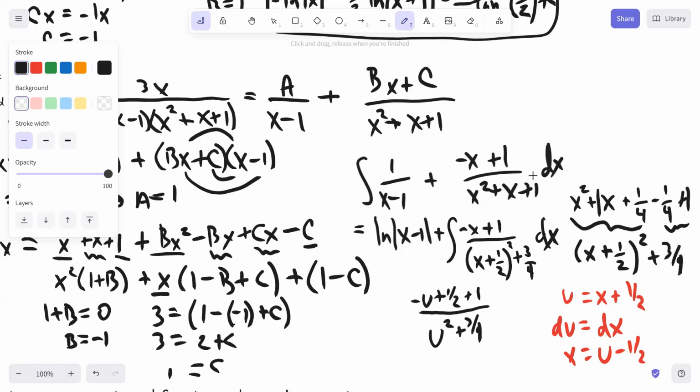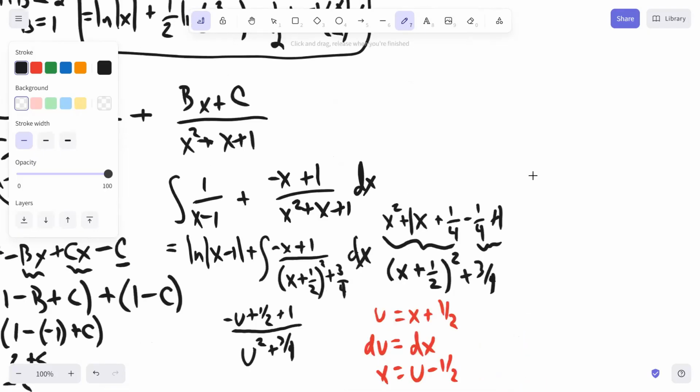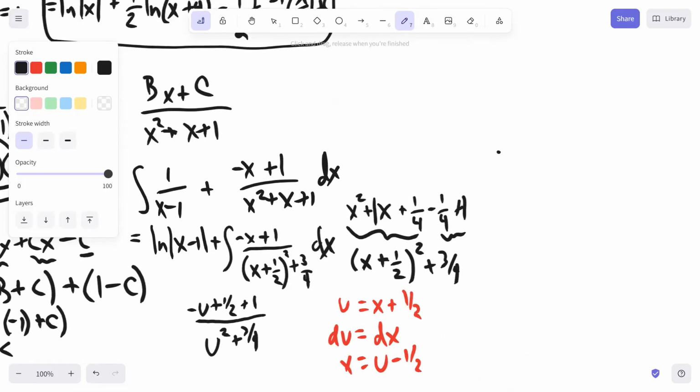Okay, the 1/2 and the 1 are going to combine to give us 3/2. So I'm going to put this, running out of room here, I'm going to put it over here. So I would have negative u plus 3/2 over u squared plus 3/4.